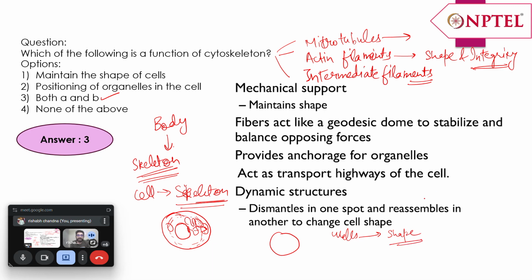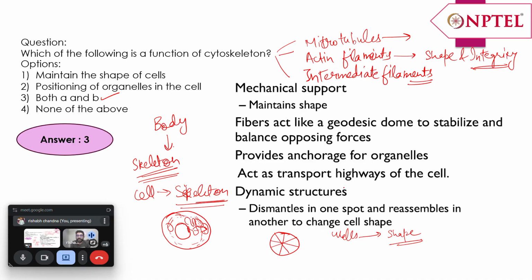So these actin filaments maintain the shape by linking or stabilizing the cell membrane so that it will not fall apart. This is how actin filaments maintain the integrity of the cell. It helps the cell membrane maintain its shape so that the organelles present inside the cell will not collapse, like the walls in our house.